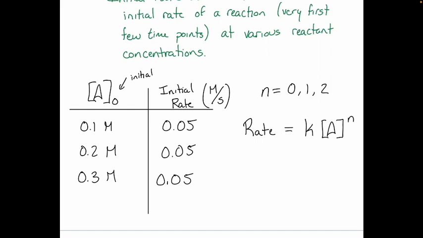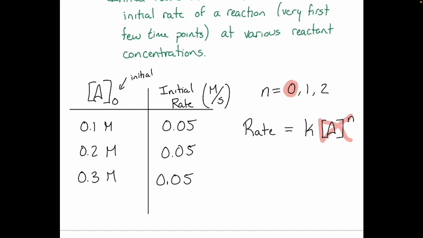So what value for n would give me a rate law that's independent of the concentration of A? 0, right? Because that rate is not changing, this must be what we call a 0th order reaction, where that order is 0, because of course anything raised to the power of 0 is just 1. So that drops that out to begin with.